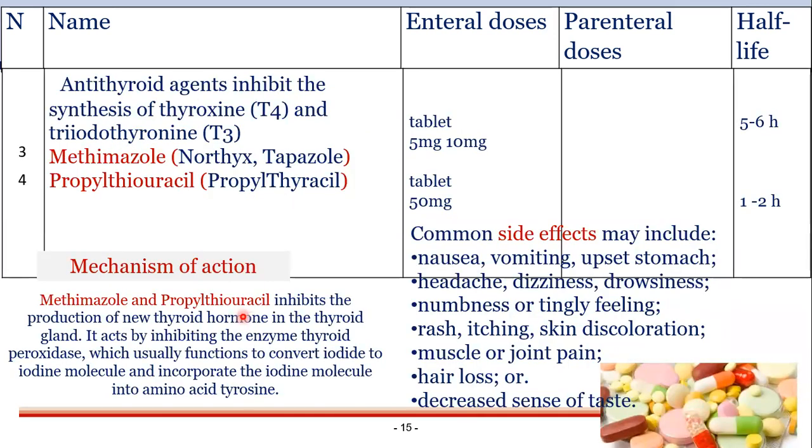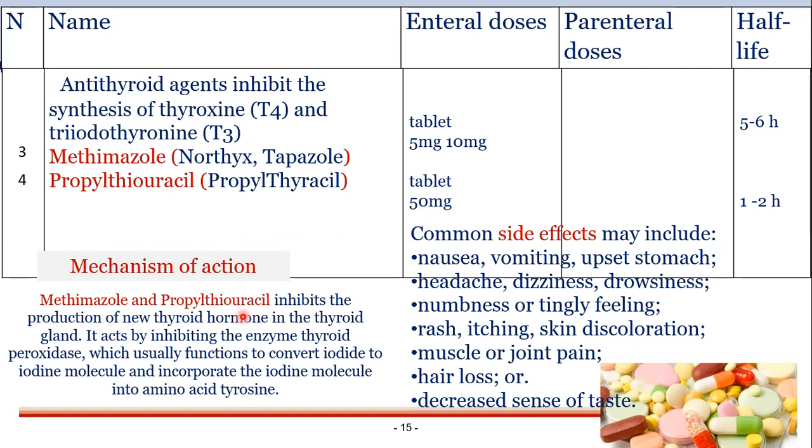And the next drugs are antithyroid agents, which inhibit the synthesis of thyroxine T4 and triiodothyronine T3.